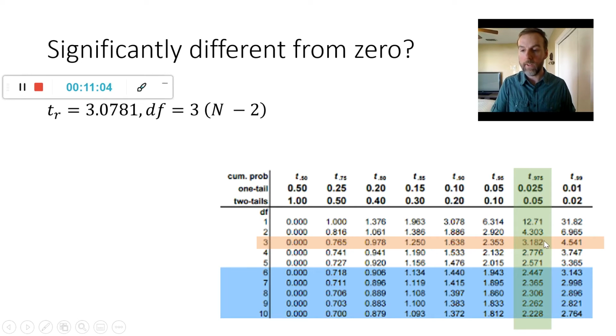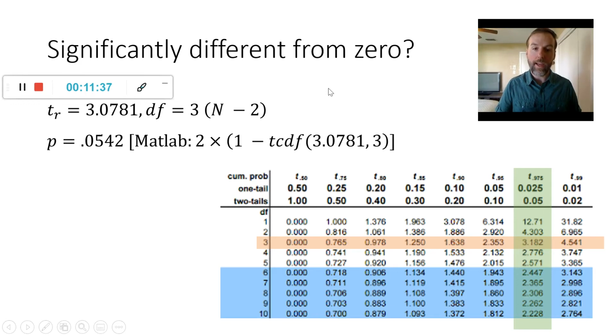Where they intersect, this value here, 3.182, is the critical value we're comparing our t-value to. If our t-value is equal or larger, then we have a significant difference at a p-value of 0.05. Here, our t-value, t sub r, is about 3.08. The critical value is larger than that, about 3.18. So we have a non-significant difference.